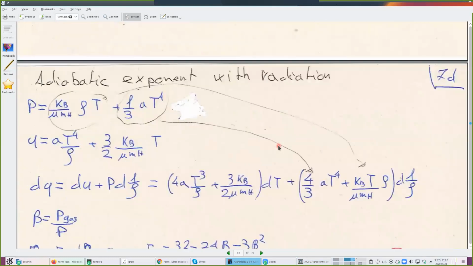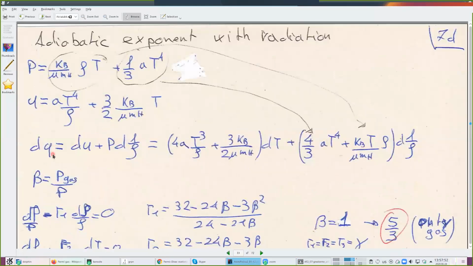The radiation can also change this. You have the pressure of the gas, the pressure of the radiation, and the internal energy from the radiation and from the gas. Sorry, I shifted. The change of Q is equal to this one.